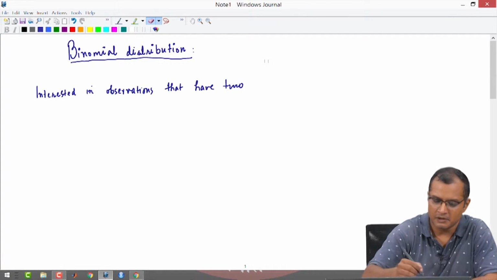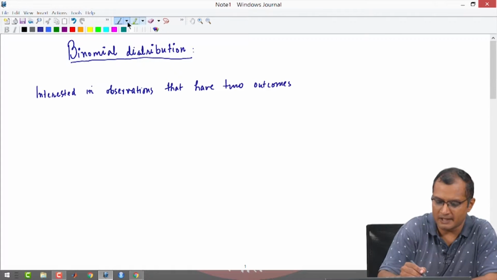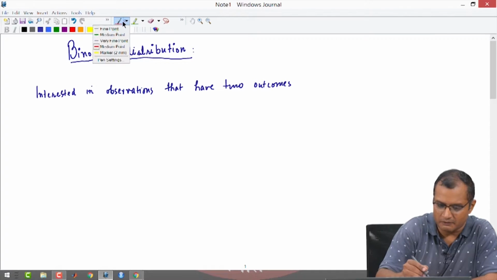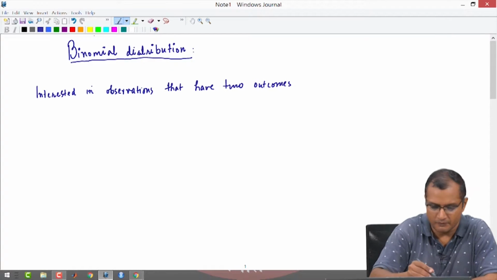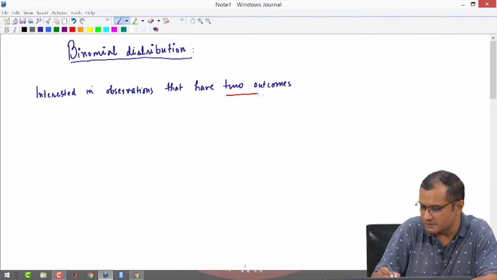Let us pick the example of a coin toss. I am going to underline it because that is an important criterion for a binomial distribution, only two outcomes.